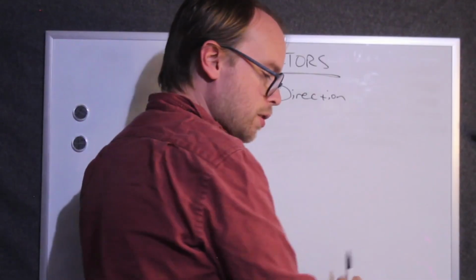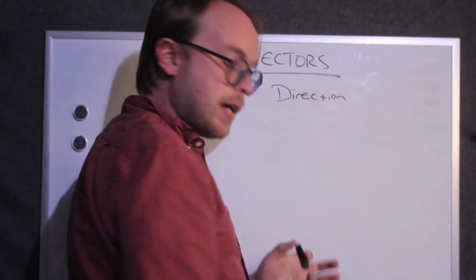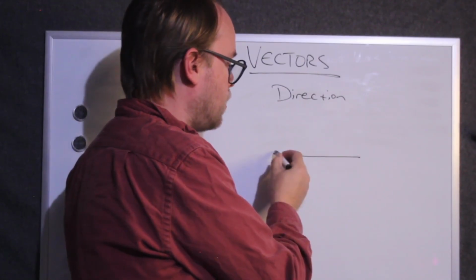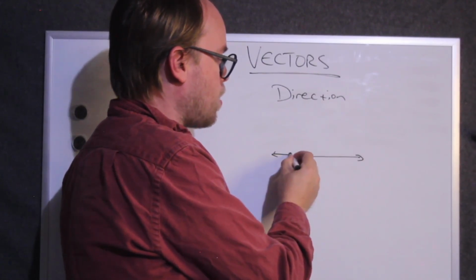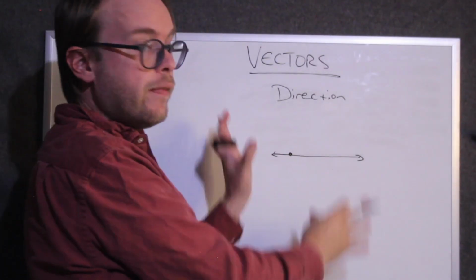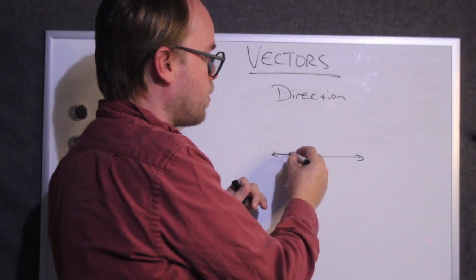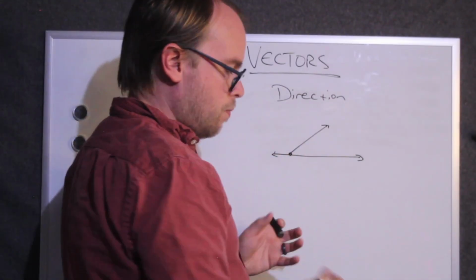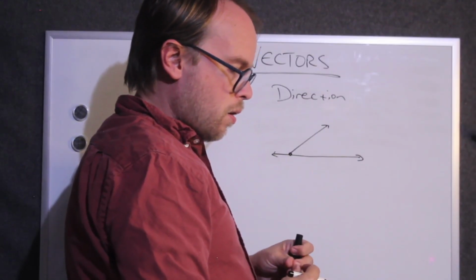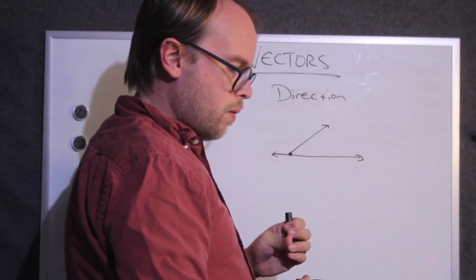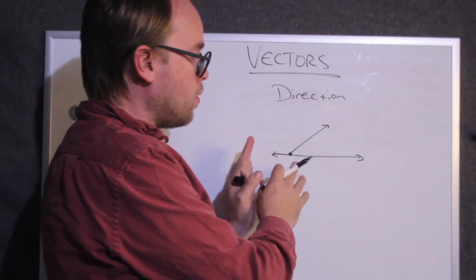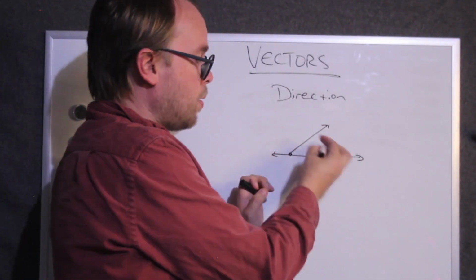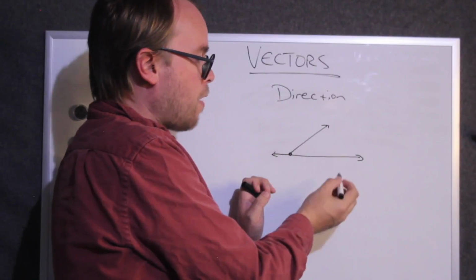So that's in one dimension. Direction in a plane: you have your axis, and your starting point is here, but you want to move in this plane that is the surface of the whiteboard here. So say you move like this, right? Direction in a plane can be determined by an angle from the reference axis.